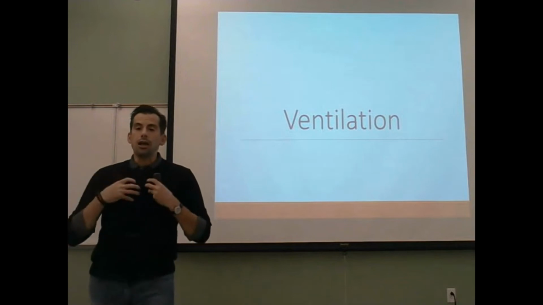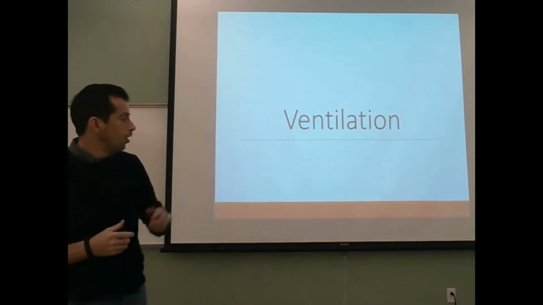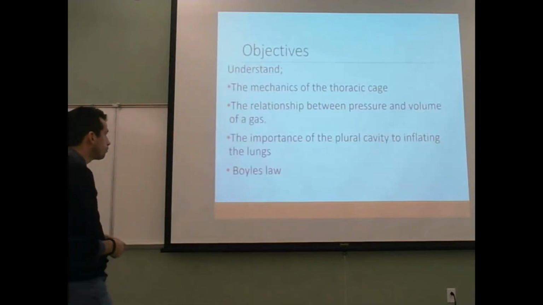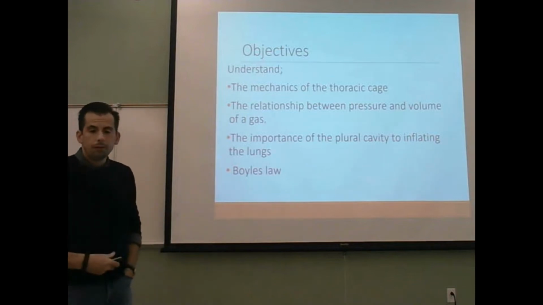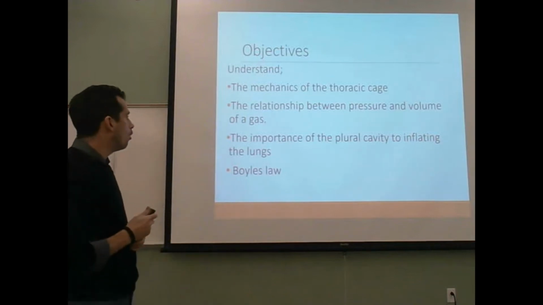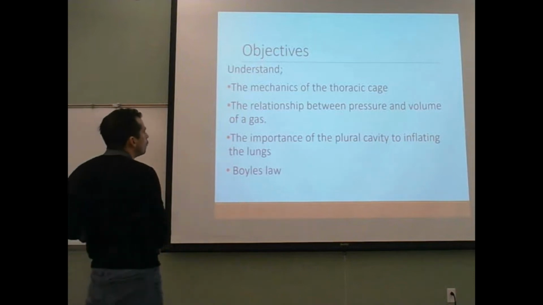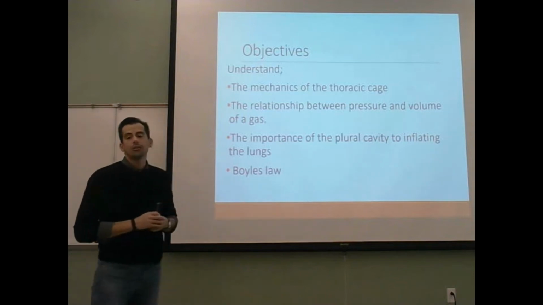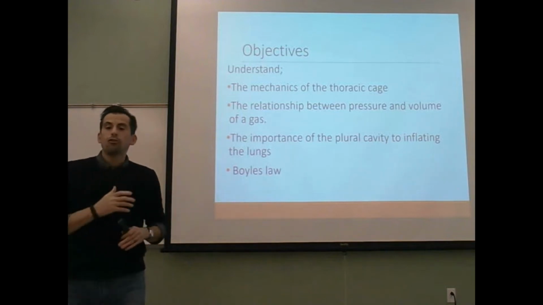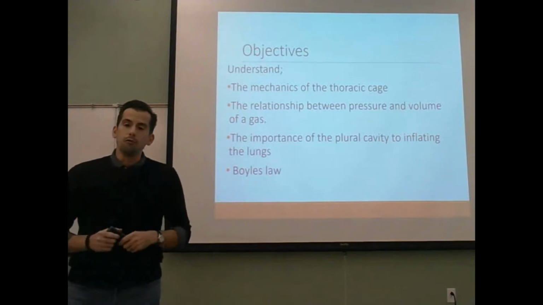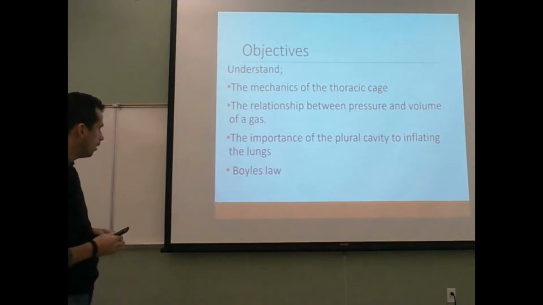The movement of air into and out of the lungs from the environment is going to be the act of ventilation. So we're going to need to understand the mechanics of the rib cage, how it expands and changes its volume. We're going to need to understand the relationship between a pressure and a gas and the volume of that gas. That's what's going to drive that movement of air into and out of the lungs.